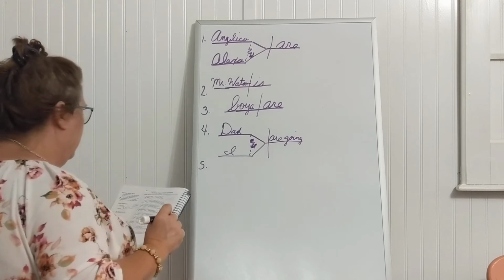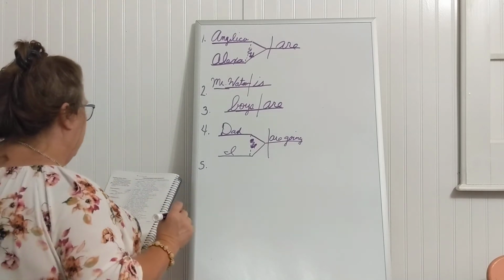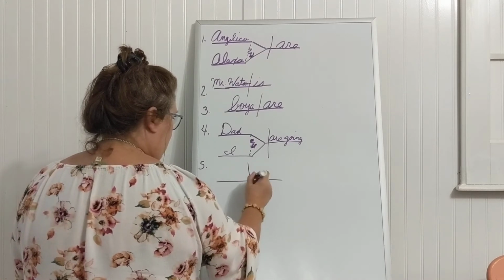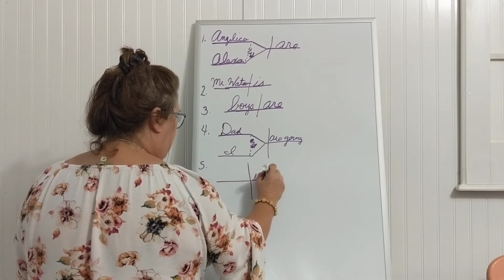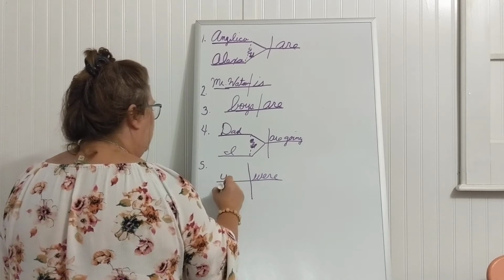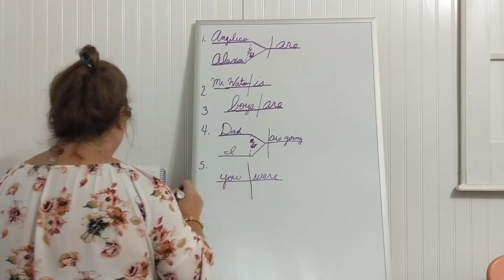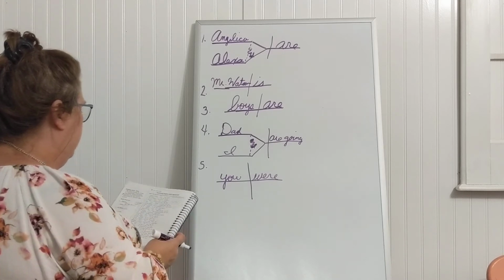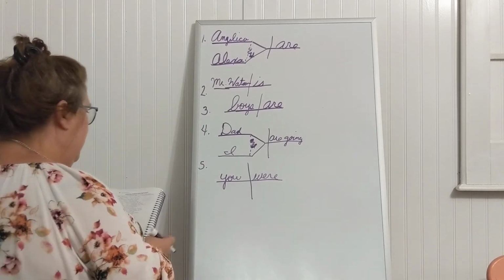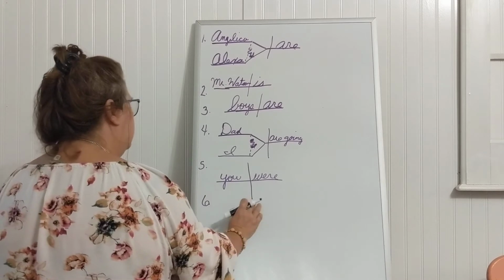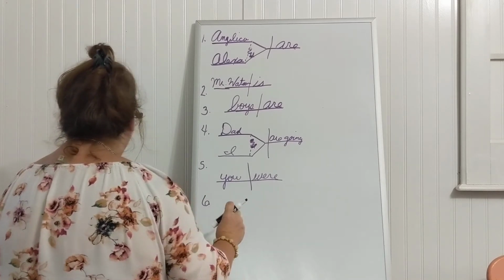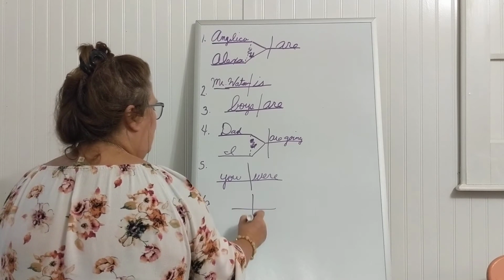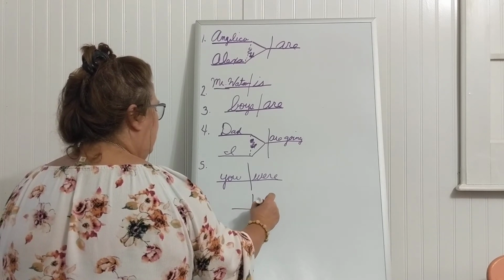Number 5. Were you afraid of the camel? Were is our verb. Who or what were? You. Number 6. They were electing a new president. Were electing is our verb.